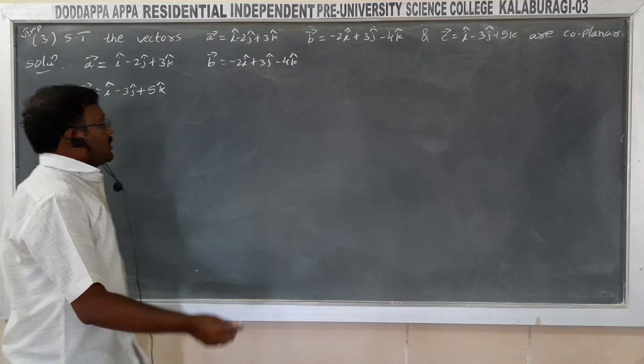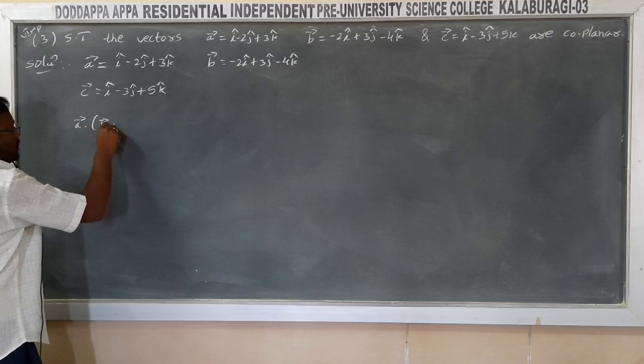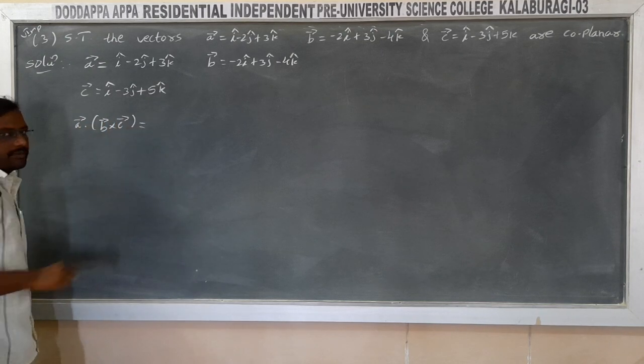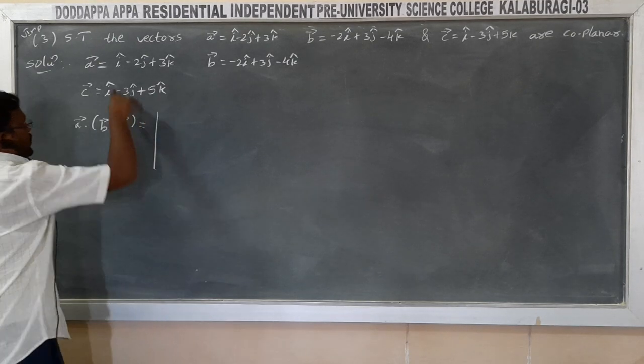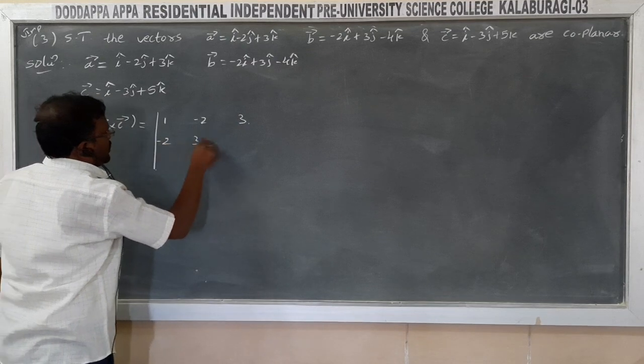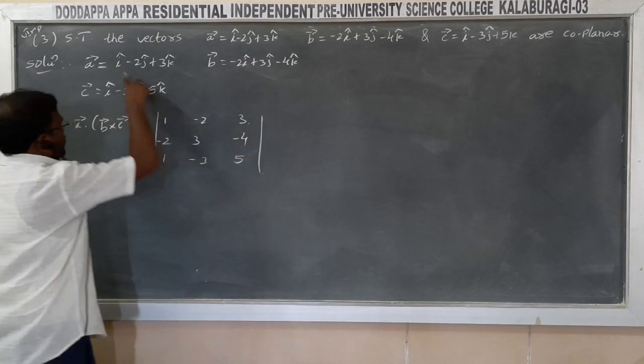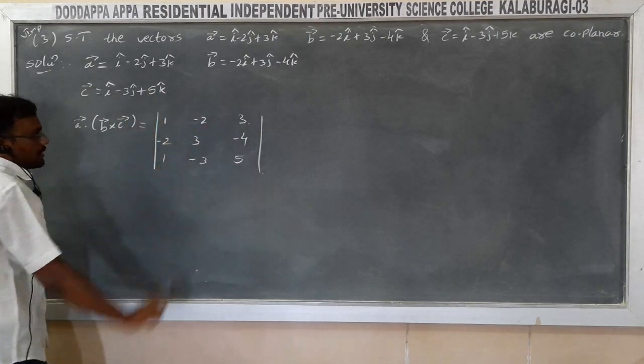Okay, so now you can find out vector A dot of vector B cross vector C. As usual method here, 1 minus 2 3, minus 2 3 minus 4, next 1 minus 3 5, right? Its coefficient, its coefficient, its coefficient.